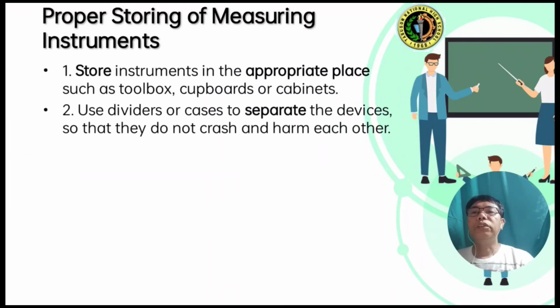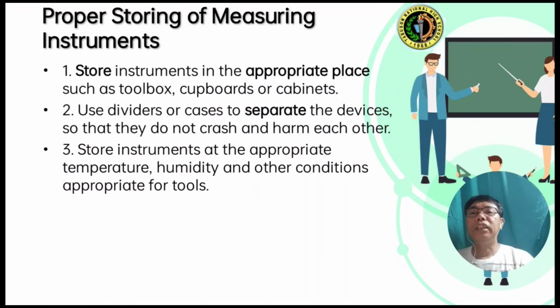Number 2, use dividers or cases to separate the devices so that they do not crush and harm each other. So as mentioned, you have to separate big from the small. Smaller ones will get more damage than the big ones.